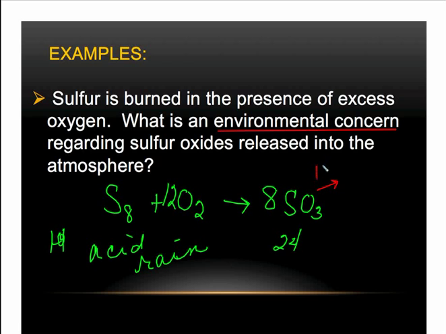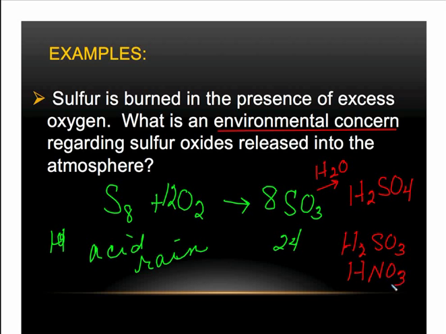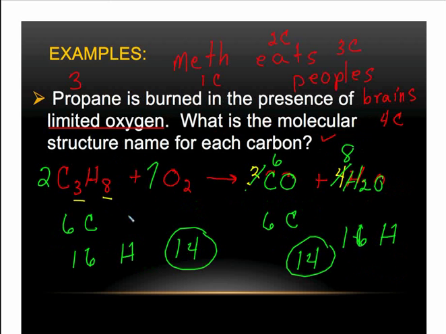So for now, you just have to memorize that non-metal oxides in the presence of water make acids. So that's going to make H2SO4, which would be acid rain. Honestly, H2SO3 from sulfur dioxide would be more common, as are some of the nitrogen-containing acids.